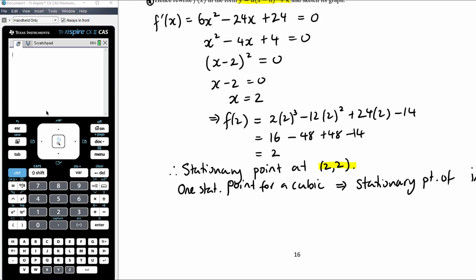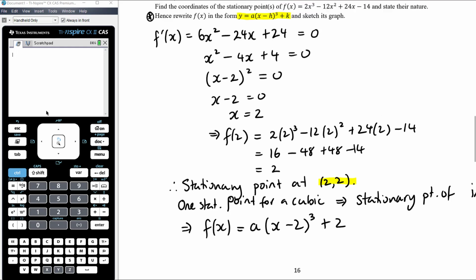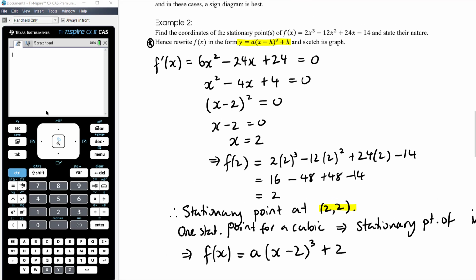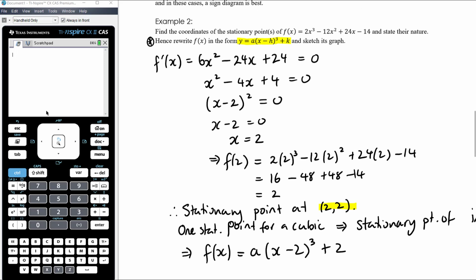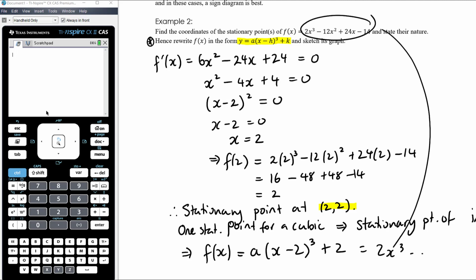Okay, so therefore that means that our function is a times x minus 2 cubed plus 2. So we need to think about working out that a value. Now, you could work out that the y-intercept of this point is 0, negative 14. You could sub that in to find a. But actually, if you think about the fact that when you expand this out, it has to be the same as that, the only way you're going to get 2x cubed here is if a is 2.